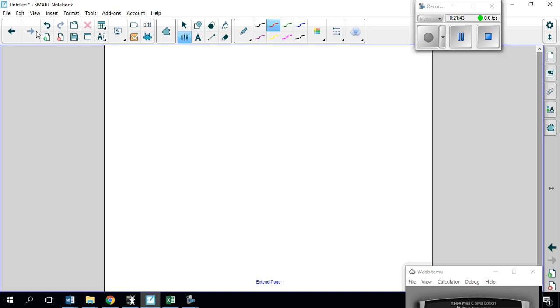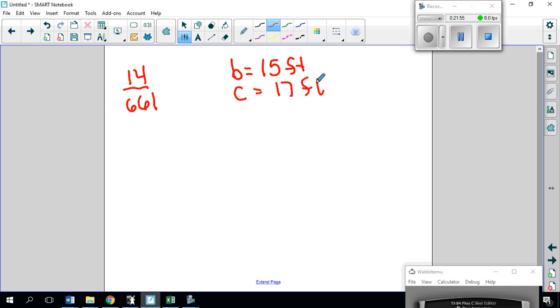In the book, this is problem 14, page 661. They give me B to be 15 feet, and they give me C to be 17 feet. You have to understand that C goes with big C, which is 90 degrees, and that A squared plus B squared equals C squared.